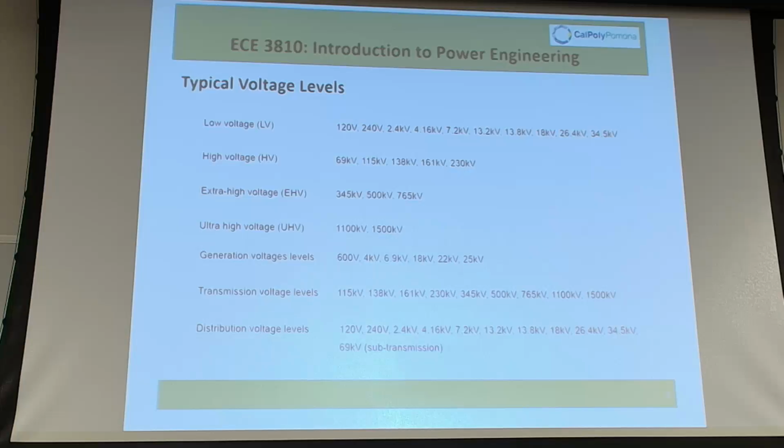Then we have generation voltages. Those are step-up transformers from 600 volts all the way to 25 kilovolts. By the way, these are very special transformers, and I mean special in the design. They have to be a lot beefier, with a lot more iron and copper. The reason is that when you have a fault, you're right next to the source of fault current, which is the generator.